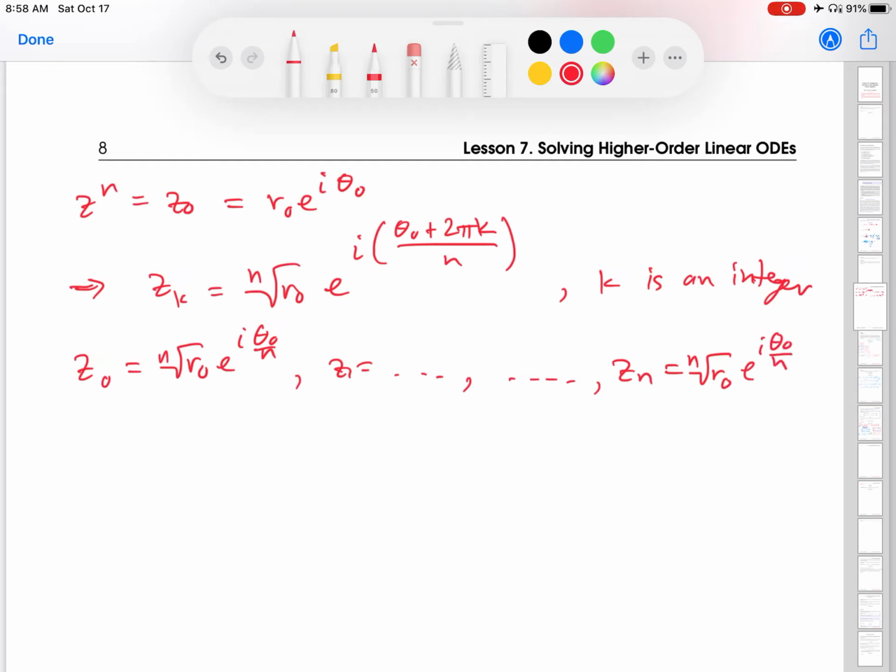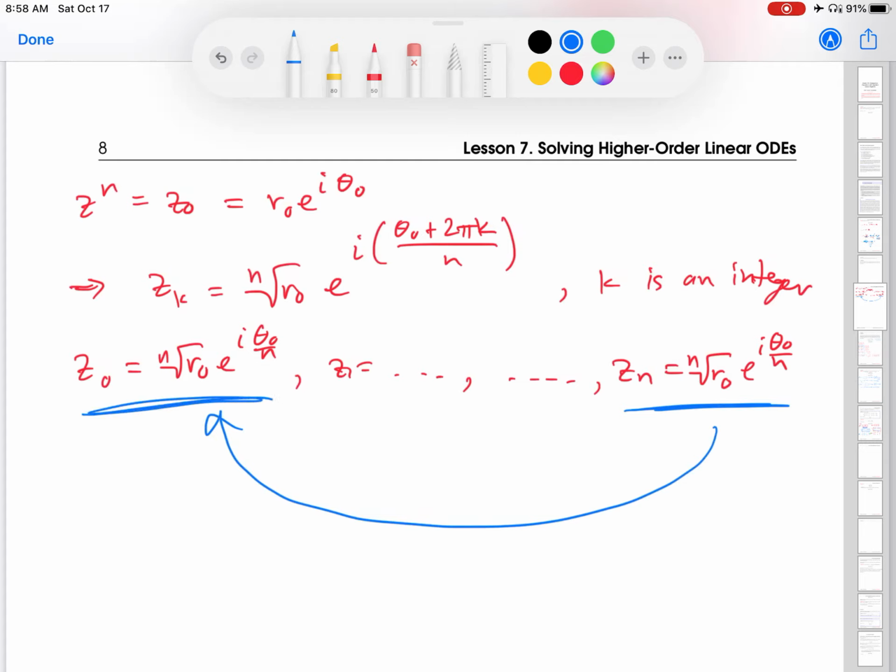Okay. So you'll explore some of the geometry of what's going on here in the capstone that's coming up. But at least for now, notice that when I let k equals n, I duplicate this solution here. The long story short of why that's happening is because of the angle, right? Every time I am taking the angle theta 0 and I'm adding literally a multiple of 2 pi over n.